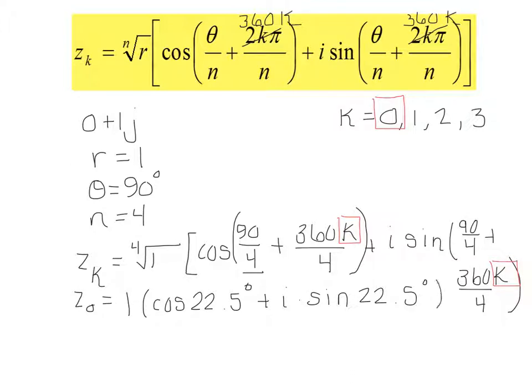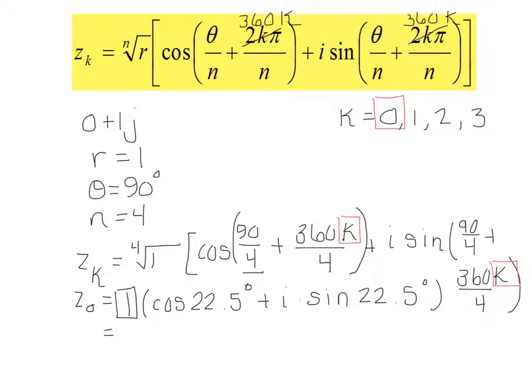Now we don't recognize 22.5 degrees as one of the critical angles on our unit circle. And therefore we'll use our calculator to calculate this cosine and sine. Make sure your mode is in degrees. The fourth root of the radius out here, 1, times anything is going to give us what we get.